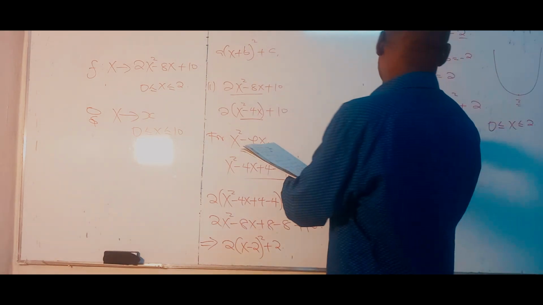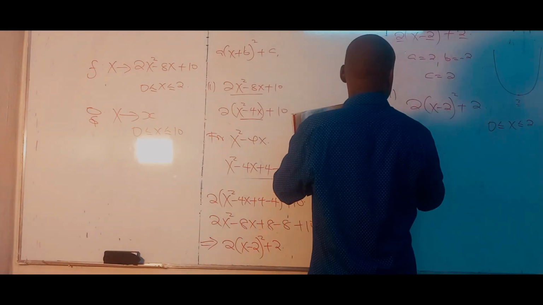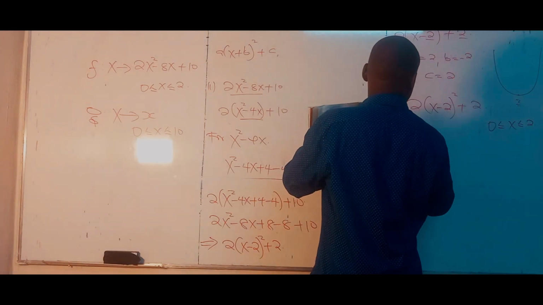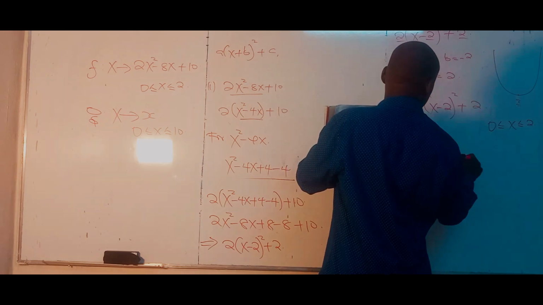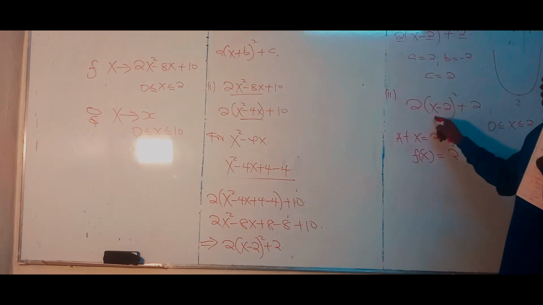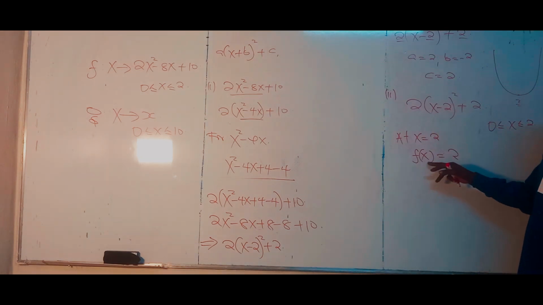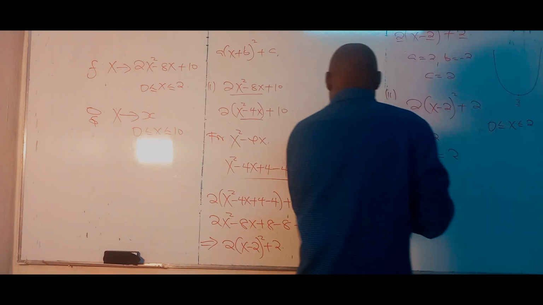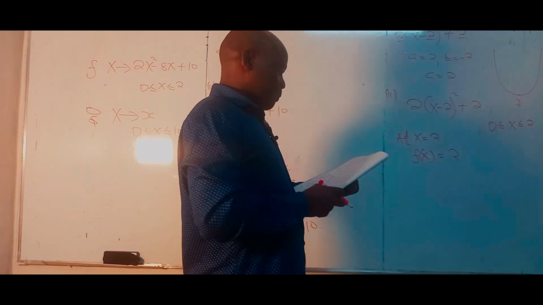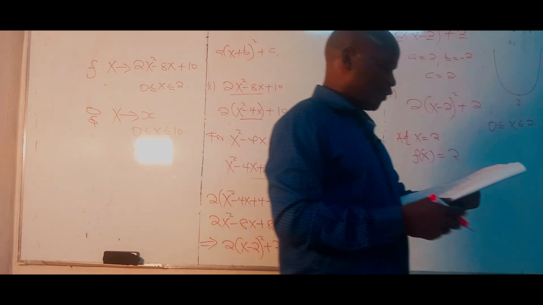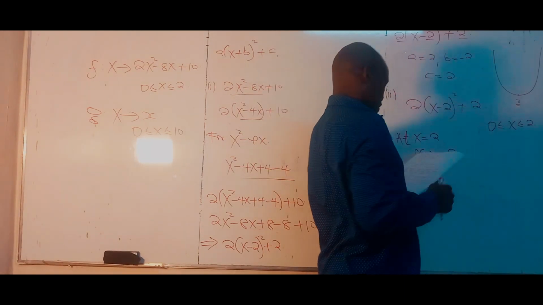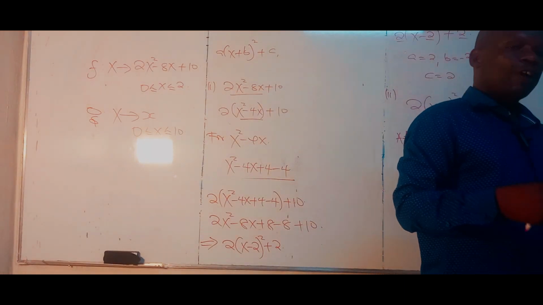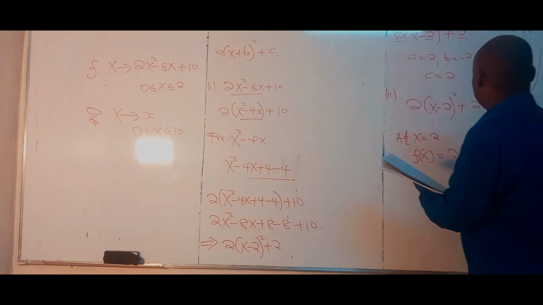At x is 2, f of x is clearly 2. By simply substituting 2 here, you will still find f of x to be 2. Then since the parabola opens upwards and the coefficient of this 2 here is positive, the minimum value of f of x is 2.